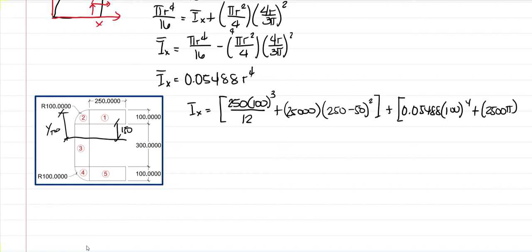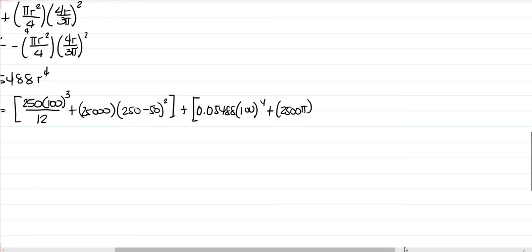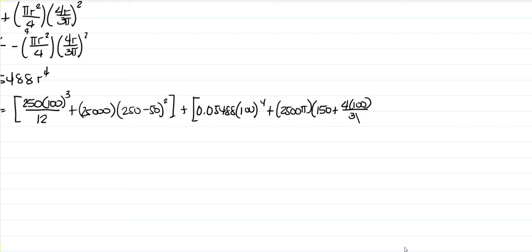That will be 150 plus 4 times 100 over 3 pi. And of course, let's not forget the square.